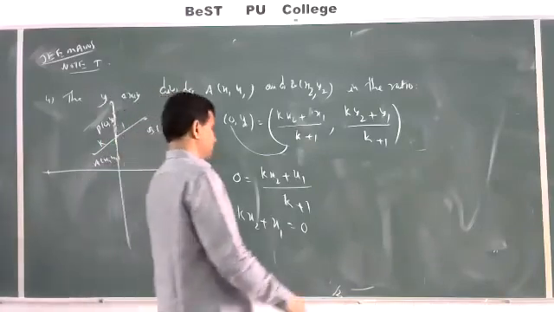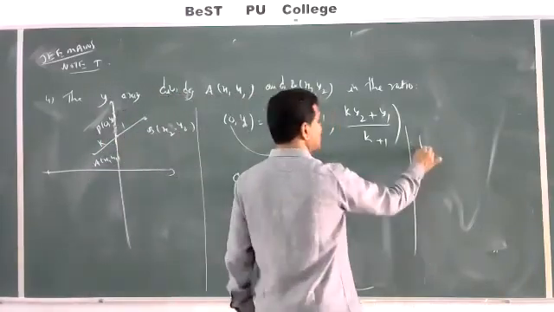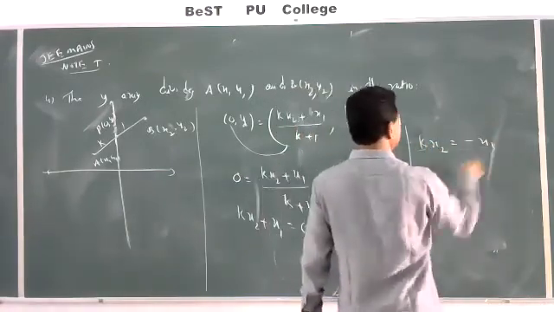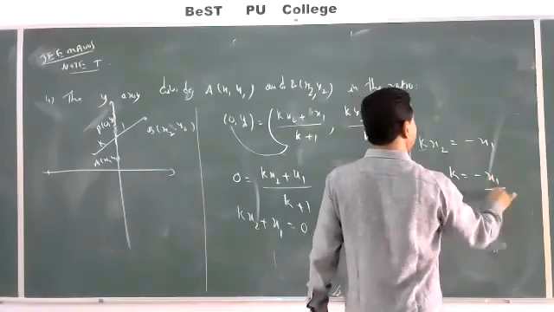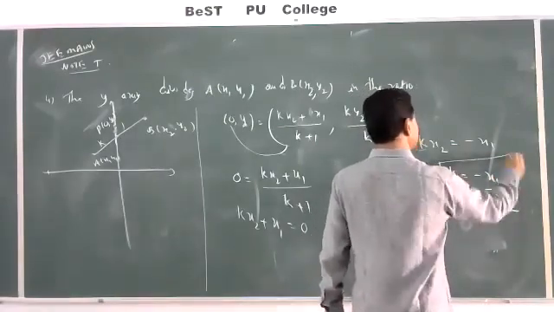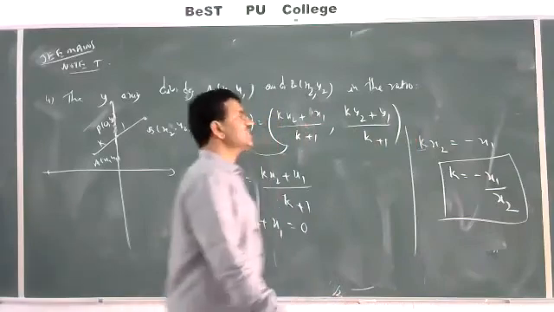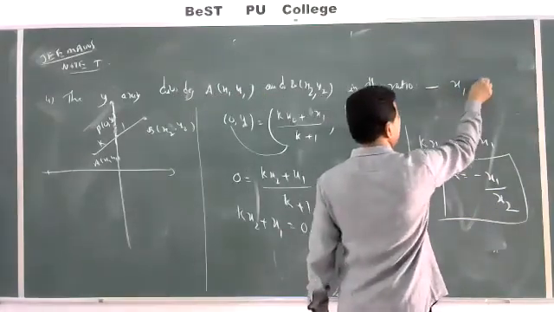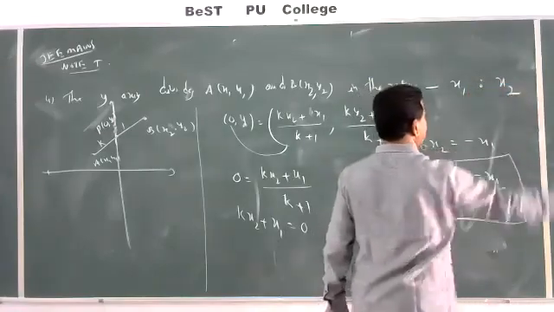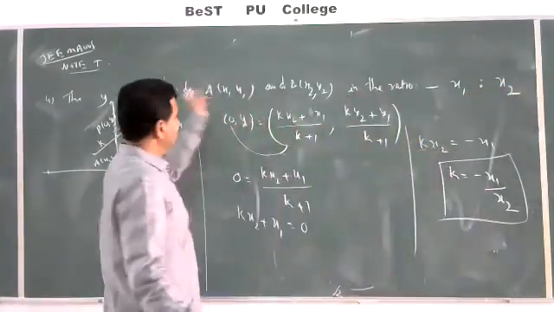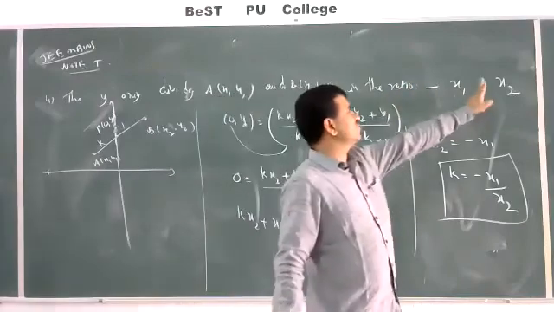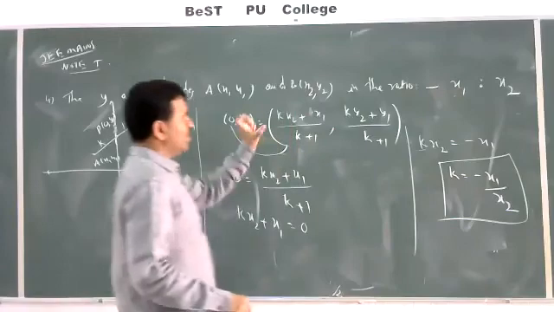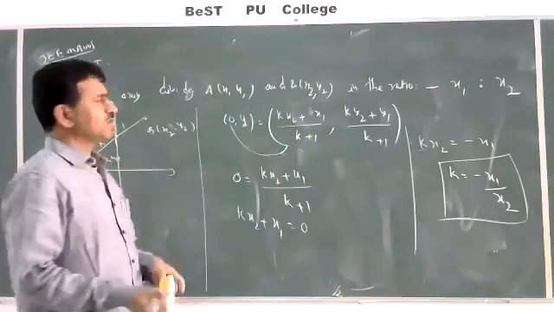Find the k value. k x2 is equal to minus x1, so k is equal to minus x1 by x2. So what is the answer here? Minus x1 is to x2. The y-axis divides in the ratio minus x1 is to x2. The x-axis divides in the ratio minus y1 is to y2.